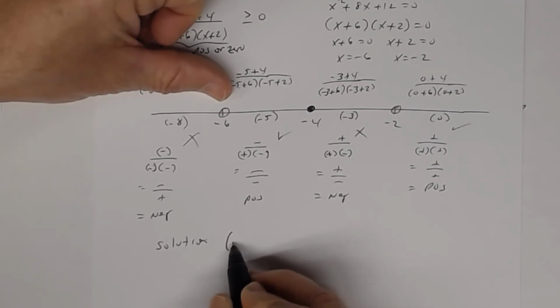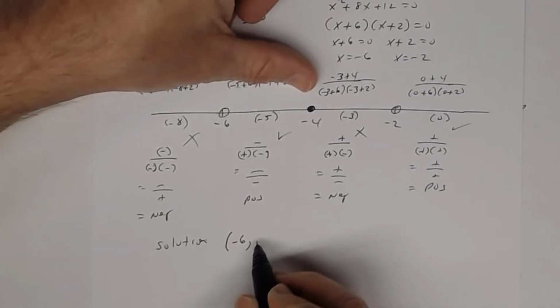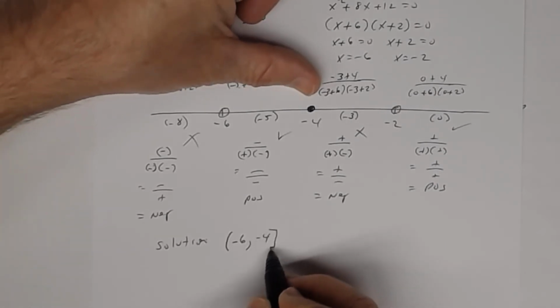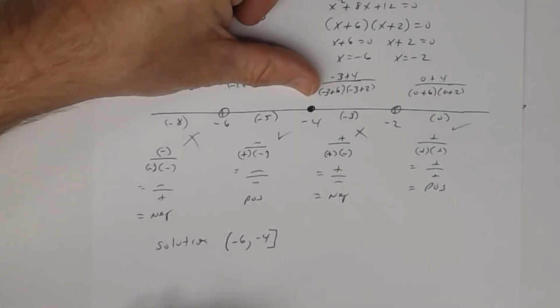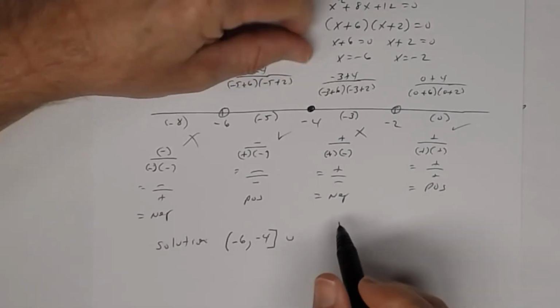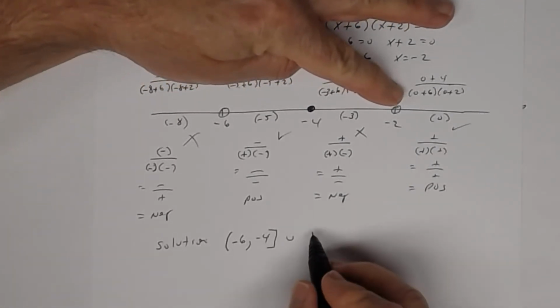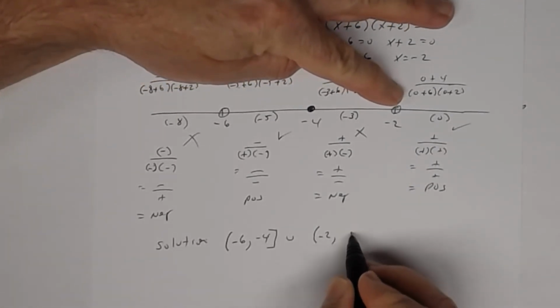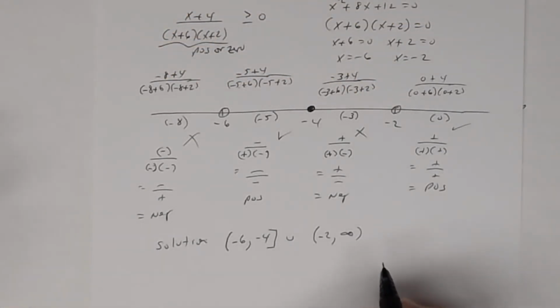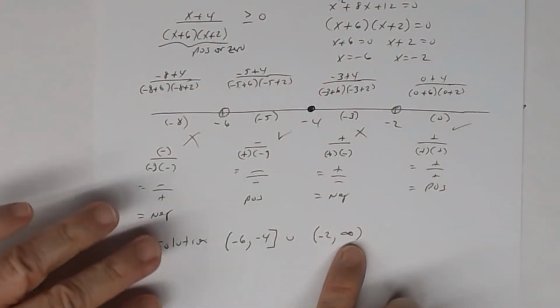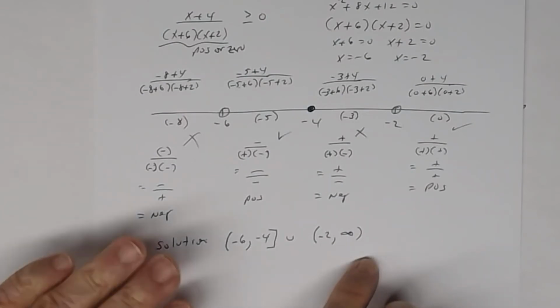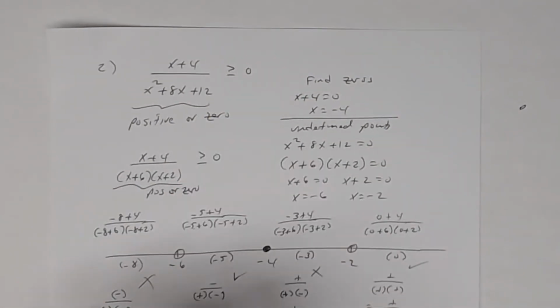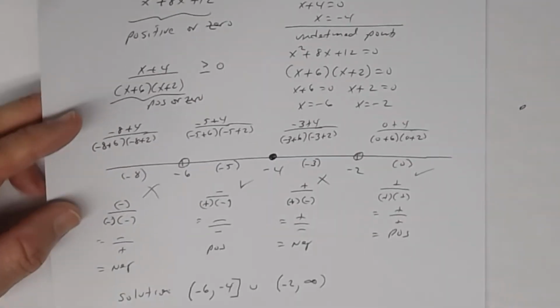So parentheses negative 6, comma, negative 4, bracket, just like this. Union, and then parentheses negative 2, comma, infinity. Now remember, whenever you have infinity or negative infinity, you're always going to use parentheses whether or not there's an equal sign. All right, and that's it.